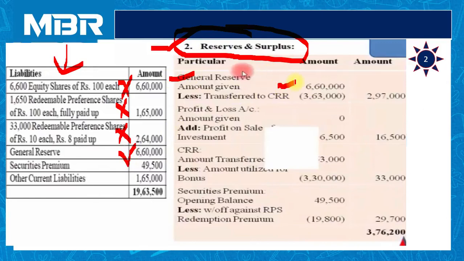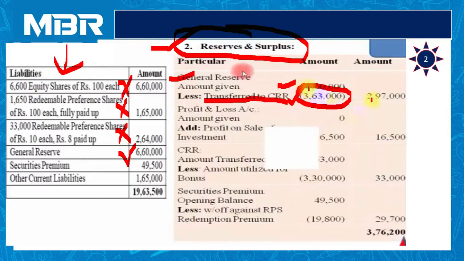During step number 3, that is arrangement of the fund for the capital part, we have transferred rupees 3,63,000 to CRR account. Simply recall the journal entry. General reserves account debited rupees 3,63,000 to CRR account 3,63,000.